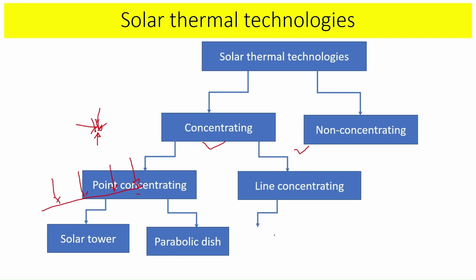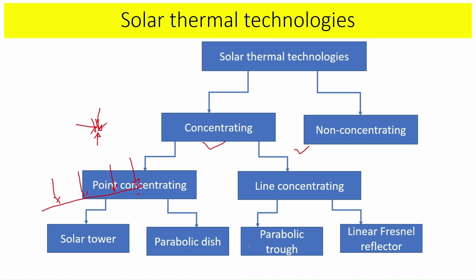Line concentrating are of two types: parabolic trough and linear Fresnel reflector. There are a few more sub-classifications, but broadly there are these four.